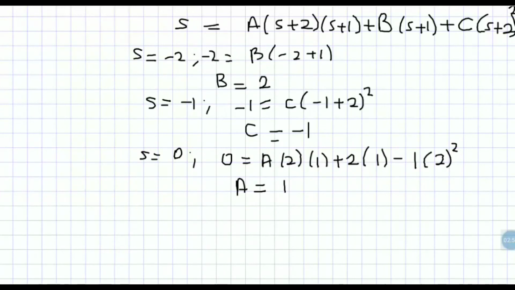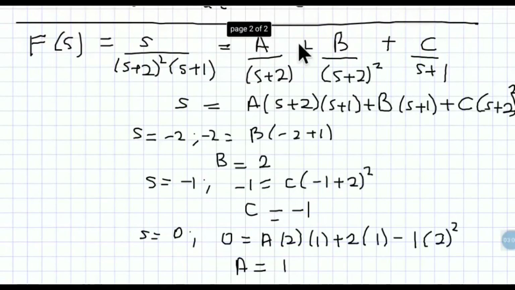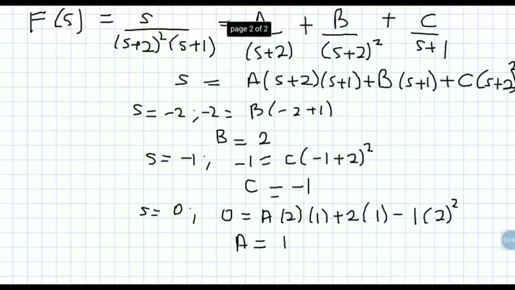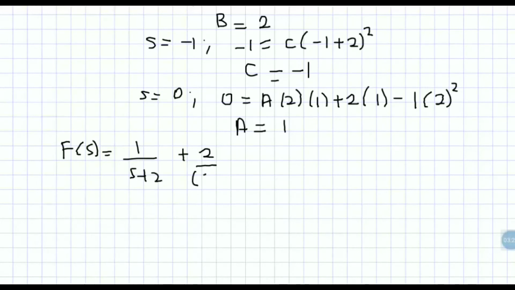Now when you replace all A, B and C into this equation, you have F(s) equals A is 1 over s plus 2, B is 2 over (s plus 2) squared, minus 1 over s plus 1.